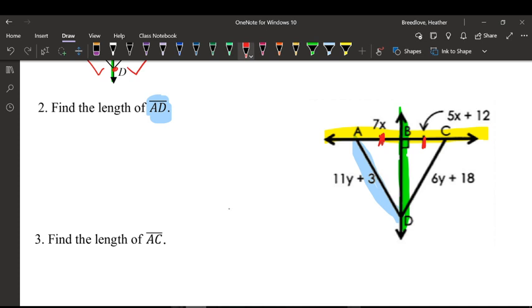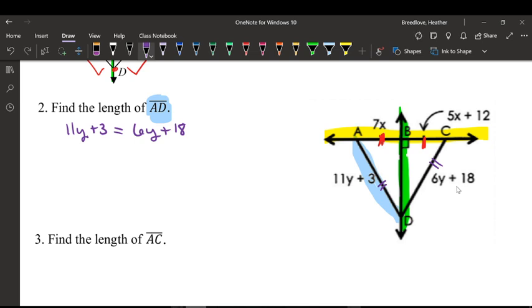And then we can conclude that if the segment has been bisected, the distance from A to D on one side is the same as it is on the other side. All right, that doesn't solve the problem right away, but if this side is the same as this side, and we have an expression for each of them, we would write that as an equation. 11y plus 3 is equal to 6y plus 18, because AD is congruent to CD.